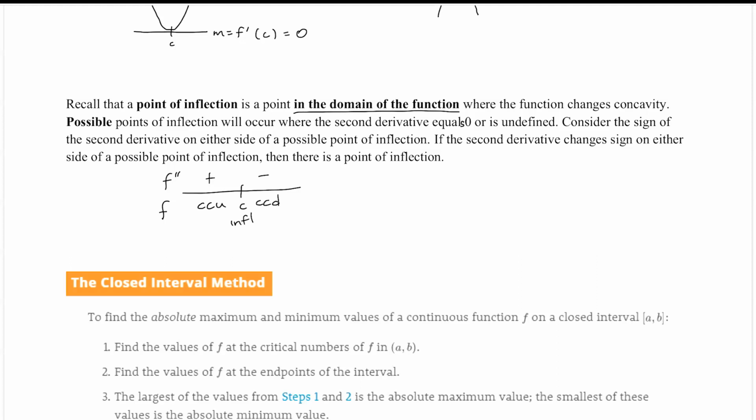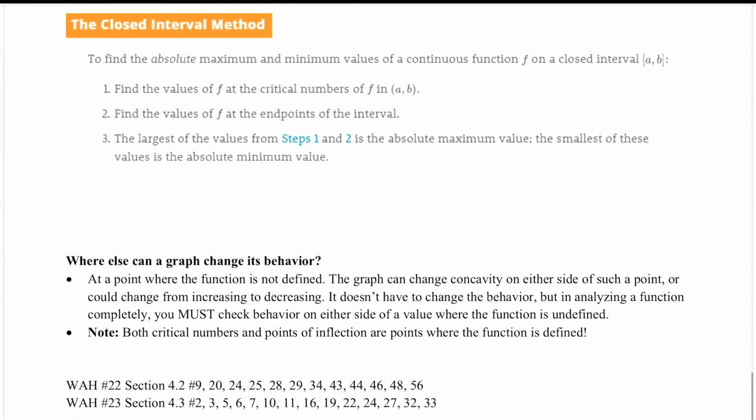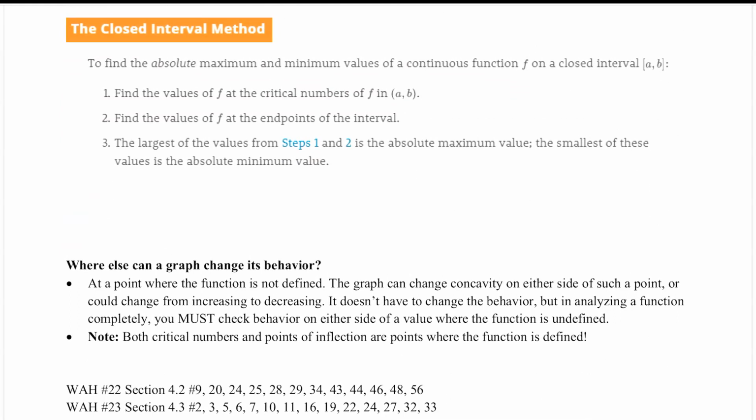So for example, let's say f double prime changes from positive to negative. That means f changes from concave up to concave down, which means we must have an inflection point at c. So we're looking for the second derivative to change sign. It's possible that the second derivative could stay the same sign on either side, and then there would not be an inflection point.